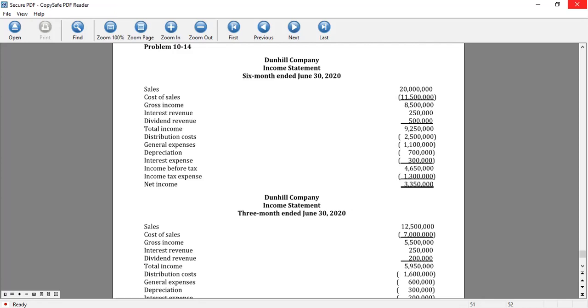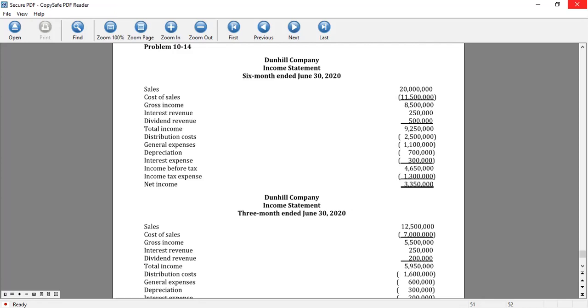Then we have to add or deduct the other figures. We have now your interest revenue of 250,000 and dividend revenue of 500,000. Total income of 9,250,000.